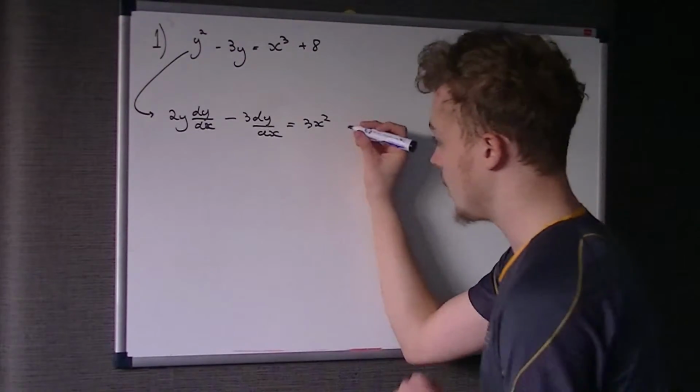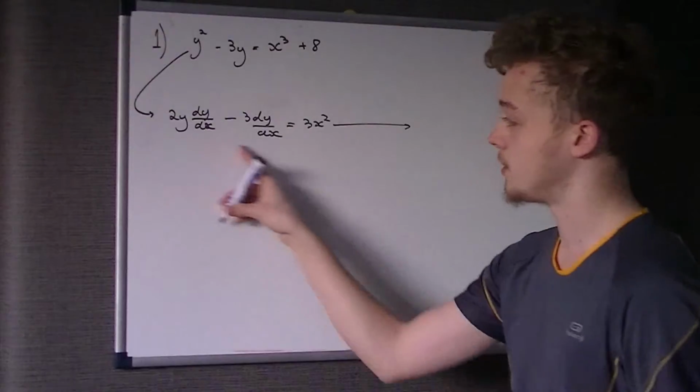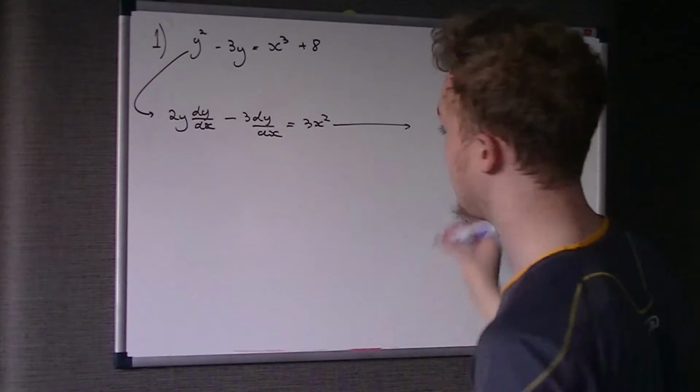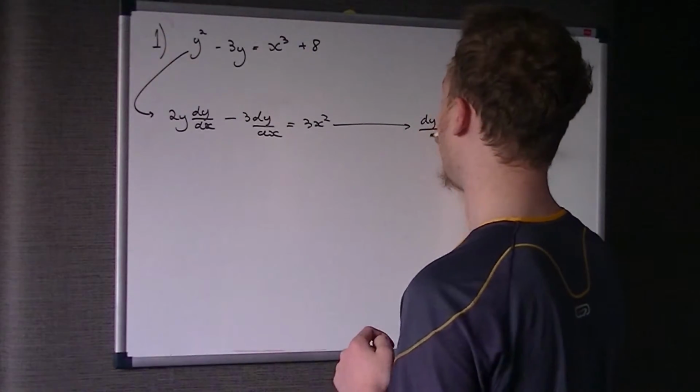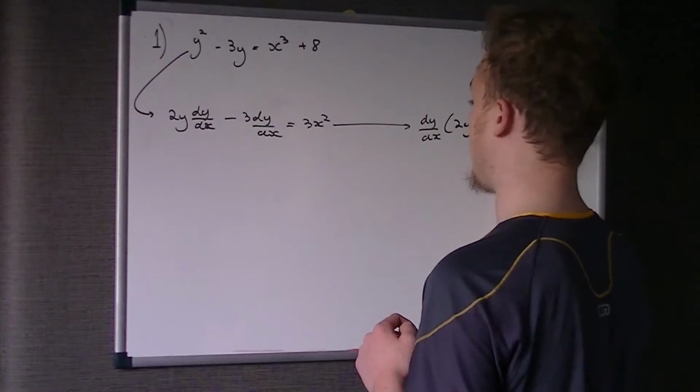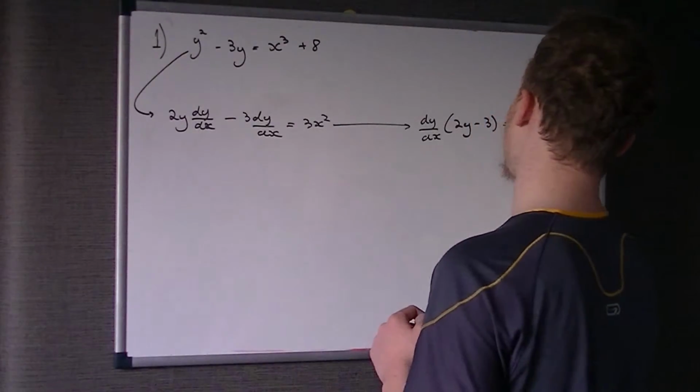Okay, what we've got is something times dy/dx and something else times dy/dx, so you can take dy/dx as a common factor. So dy/dx, and you take it out as brackets: (2y take 3) is equal to 3x squared.